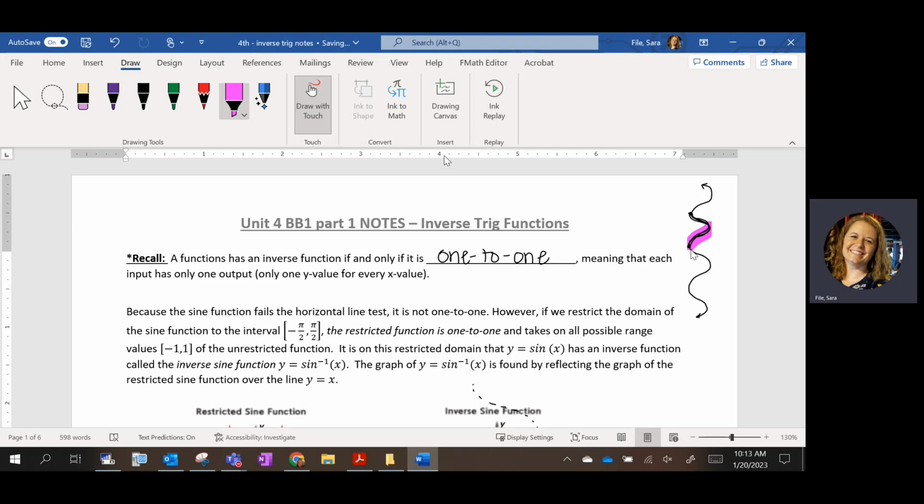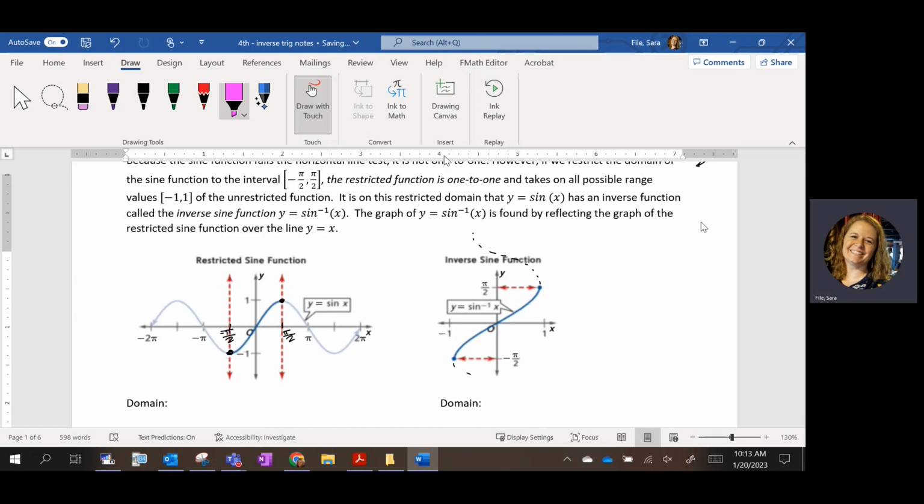Everybody with me still? So keeping that in mind, when we look down here at the sine graph, you can see they've restricted it to just half a cycle. And this half a cycle is the piece between negative pi halves and positive pi halves.